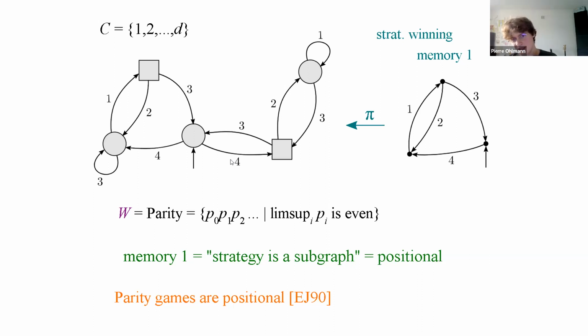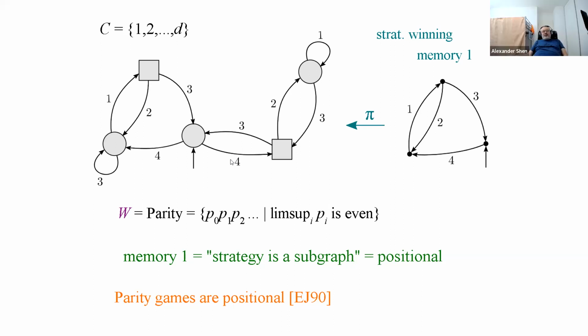Exactly, and this works because if you think about it, what matters is really the cycles, because when you fix 2 positional strategies, one for Eve, one for Adam, then the path that you will follow leads to a cycle, right? And who wins just depends on the weight of the cycle.